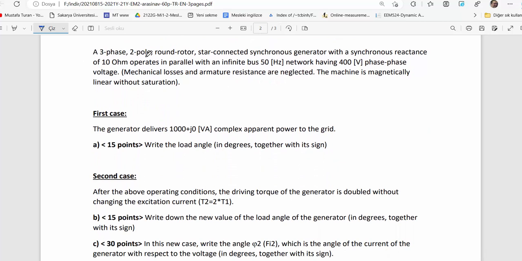A three-phase, two-pole round rotor star-connected synchronous generator with a synchronous reactance of 10 ohms operates in parallel with an infinite bus 50 Hz network having 400 volts line-to-line voltage. What does all that mean?